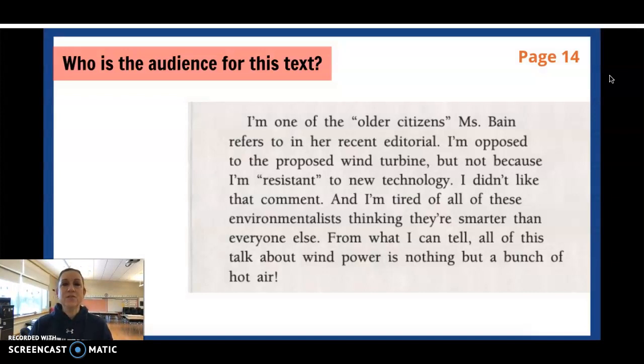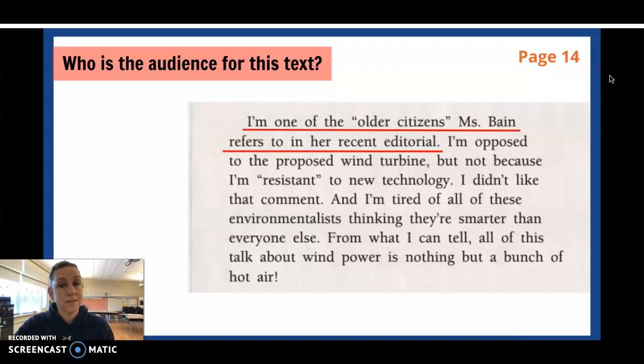All right, now on page 14, we're going to talk about who's the audience for this text. And I underlined, "I'm one of the older citizens Ms. Bain refers to." And "I'm tired of all these environmentalists thinking they're smarter than everyone else." Well, we know that she's from West Hillbury, don't we?